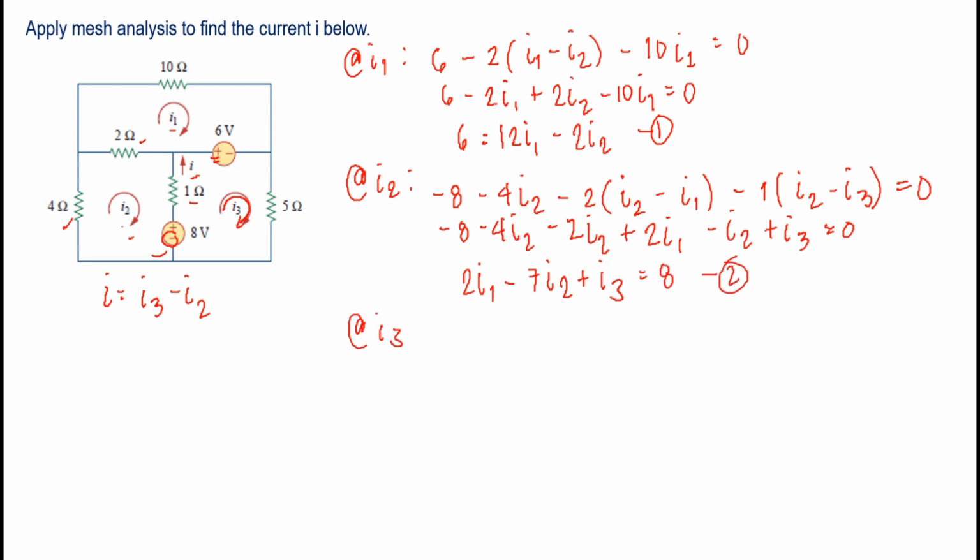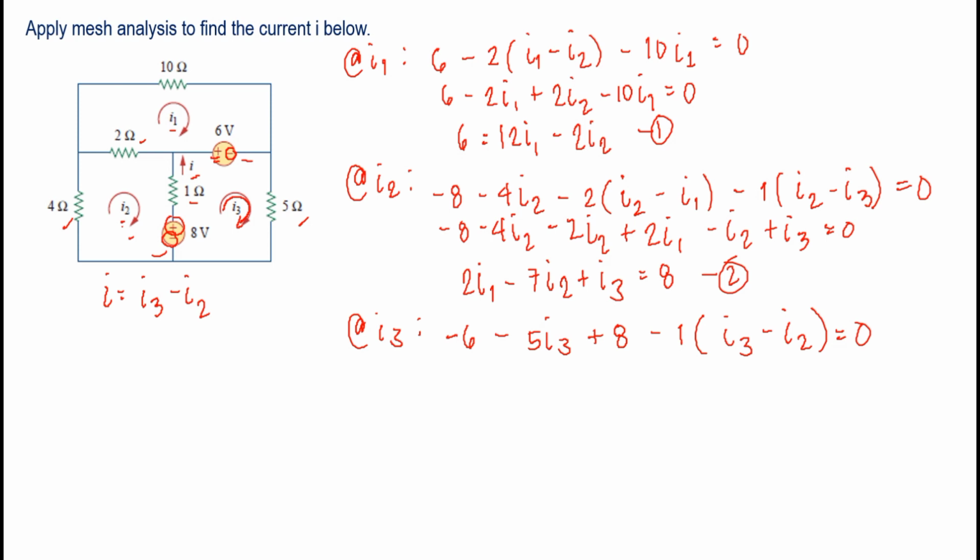For I3, so it leaves the negative side of 6 volts, so negative 6 minus 5I3. Then it leaves the positive of the 8 volts, so positive 8 minus 1 ohm multiplied by I3 minus I2 equal to 0. The 1 ohm is common for I2 and I3.